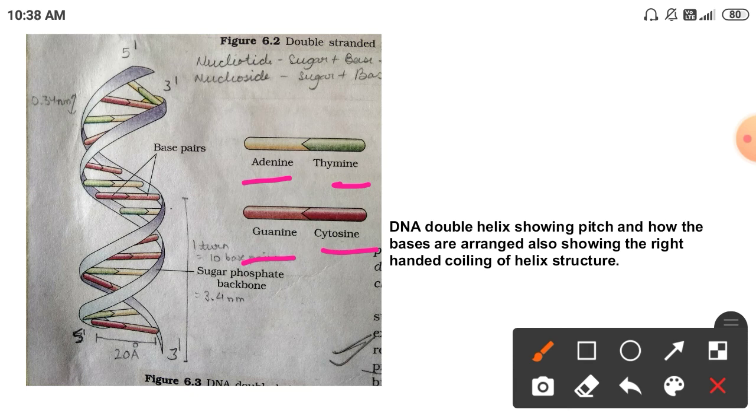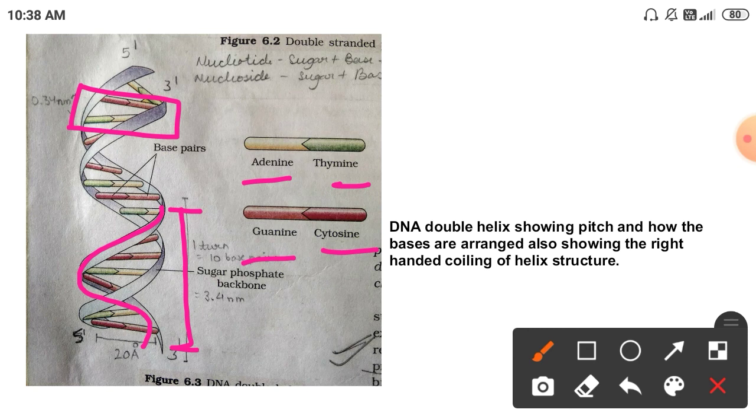Also you can see here the pitch, that is almost a complete turn of the helix, which is equal to 3.4 nanometers. And you can see the distance between a single base pair, which is 0.34 nanometer, as a single turn comprises 10 base pairs and the pitch is 3.4, so the distance between a single base pair will be 0.34 nanometers.